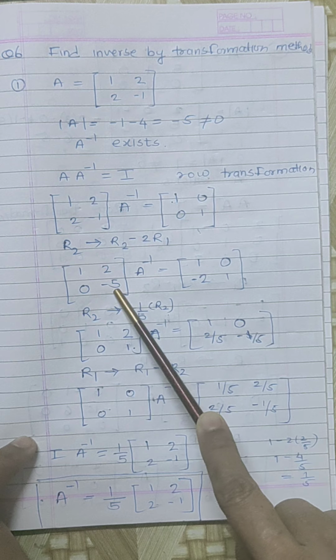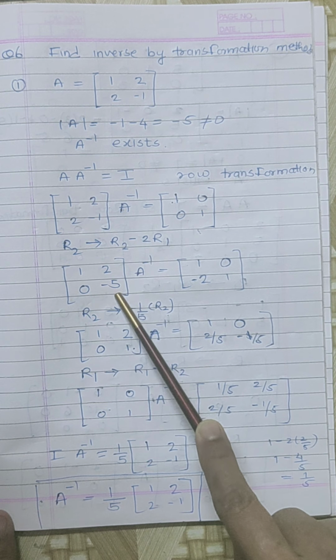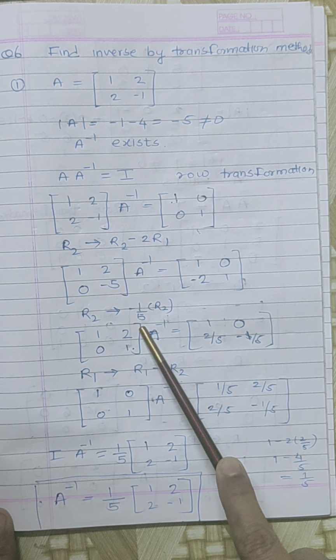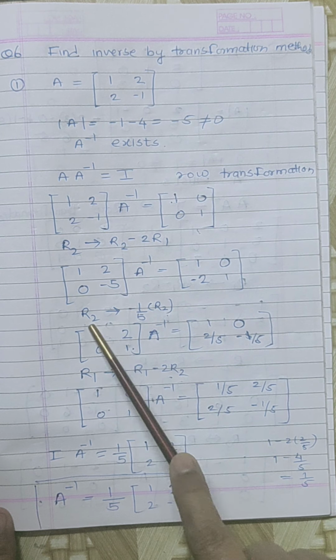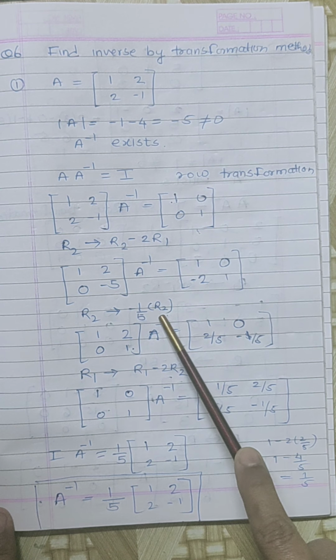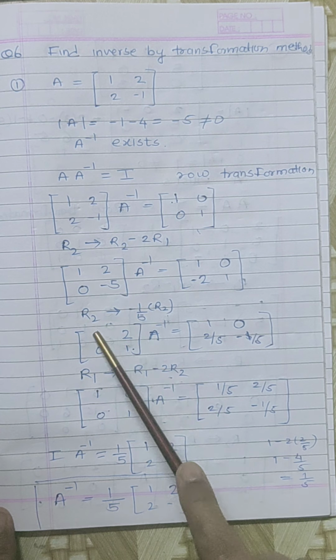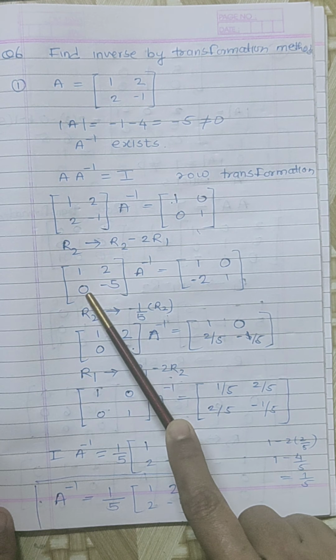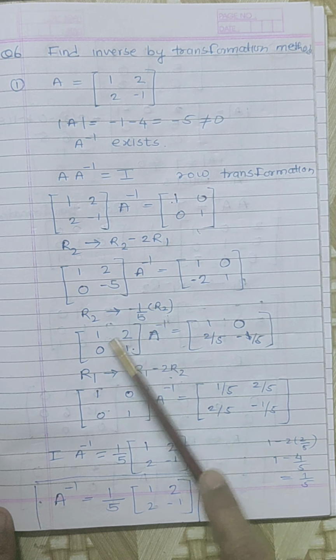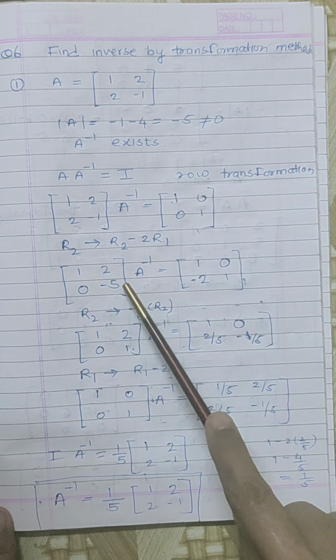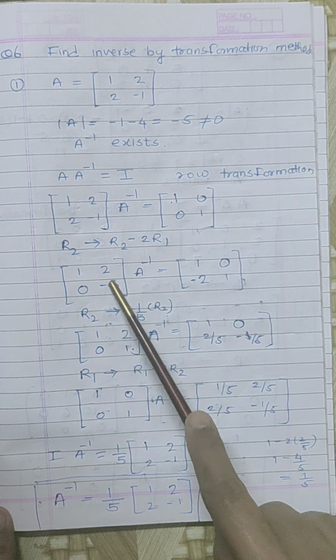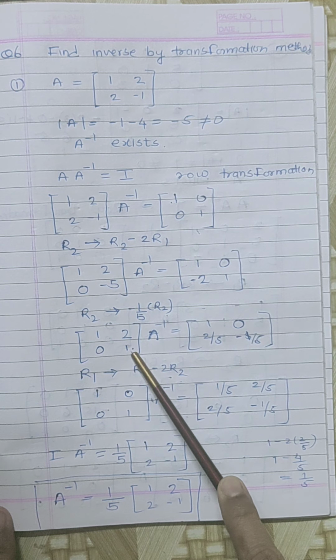So when will it become 1? When you divide it by minus 5. So R2 changes to minus 1 upon 5 into R2. There is no change in R1, write it as it is. This 0 into minus 1 upon 5 is 0, and minus 1 upon 5 into minus 5 is 1.